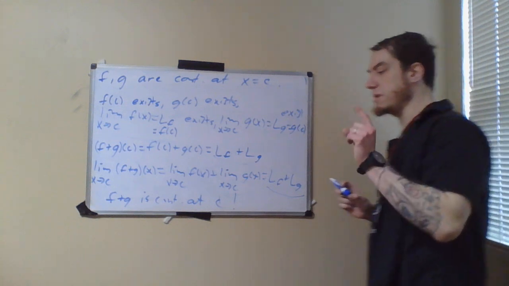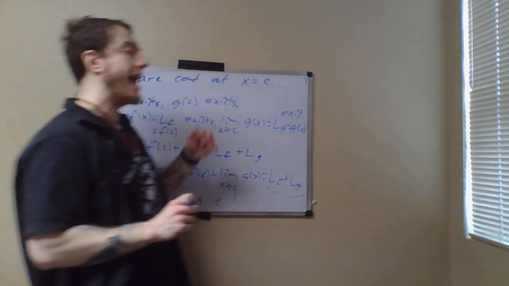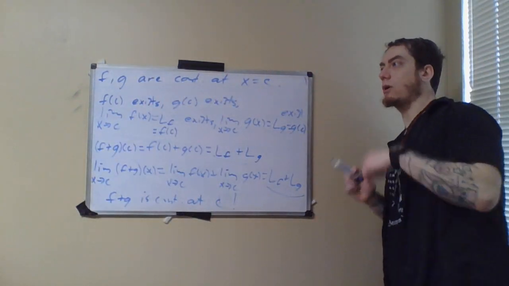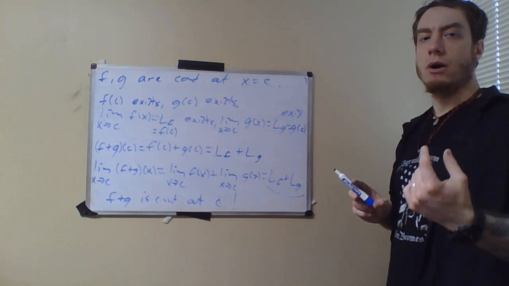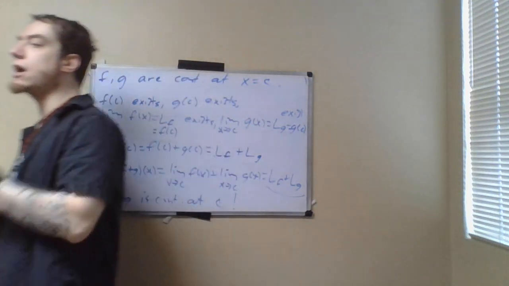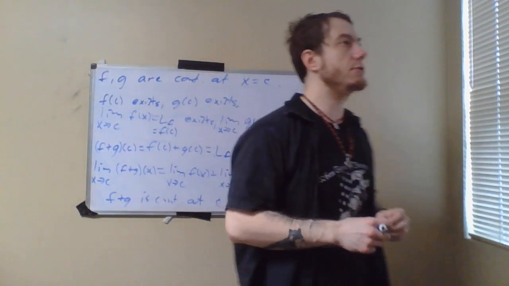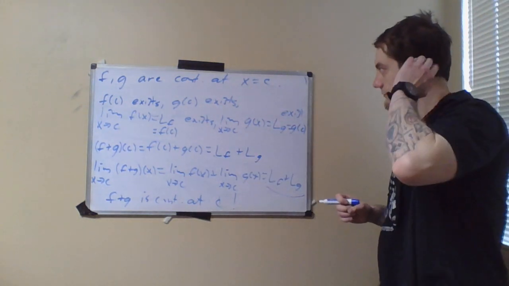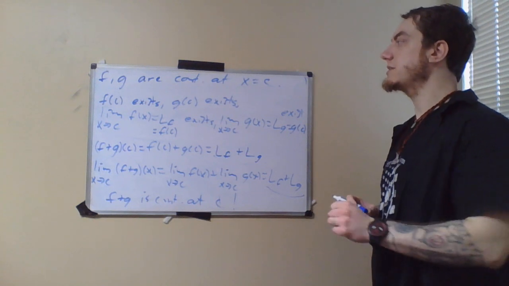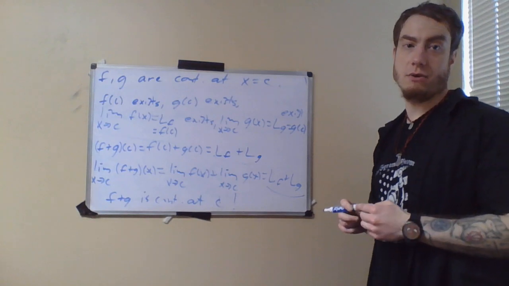Remember, I guess to be precise, what we want to say is if I have two functions that are both continuous at some point or on some interval, then their sum is also continuous at that point or on that interval. Now, we do need to be careful because you cannot go the other direction. You cannot say that just because f plus g is continuous, that does not necessarily mean that f and g themselves are continuous.